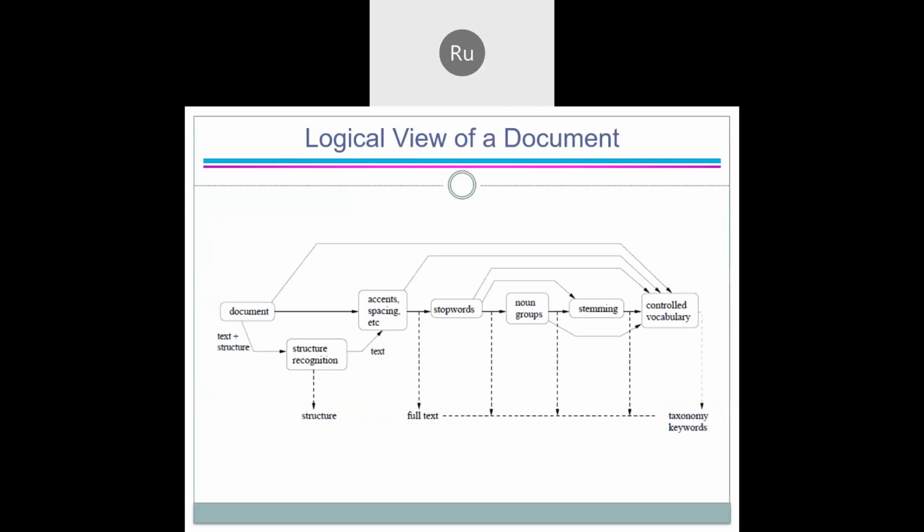So this is the full cycle of document pre-processing. So this is your document. You understand the text and the structure. By understanding the structure, you will be able to capture the words that you have, and then you will perform the stop word removal.